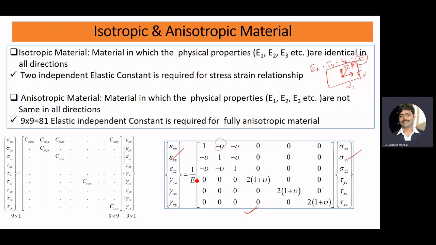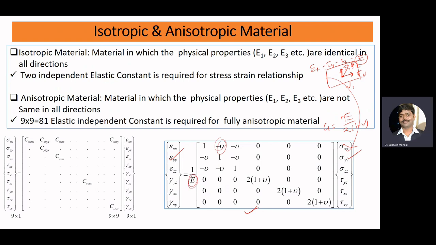One is your Poisson's ratio, second one is your E. You also know that G is equal to E by 2 into 1 plus mu. So you can see that for an isotropic material, we have two independent elastic constants. So to have our stress strain relationship, we need two elastic constants.